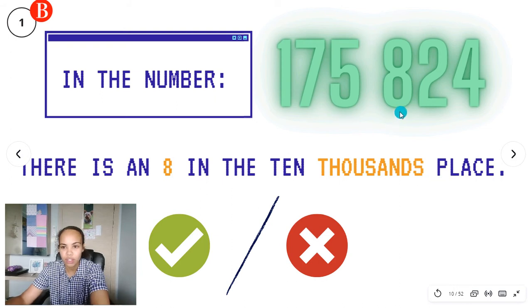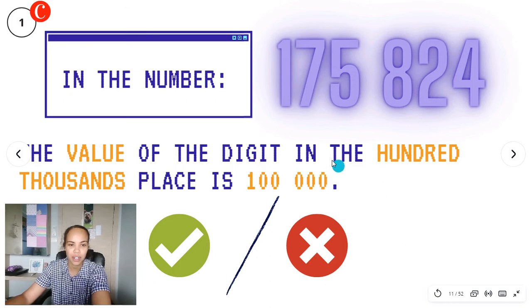Is that the 10,000s? No. Nope, nope. Answer is no. Same number, different color. The value of the digit in the 100,000s has a value of 100,000. Is that true or false? That's true. That is yes. The answer is yes. It is 100% 100,000.